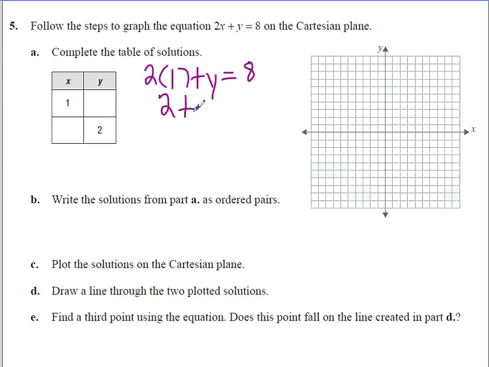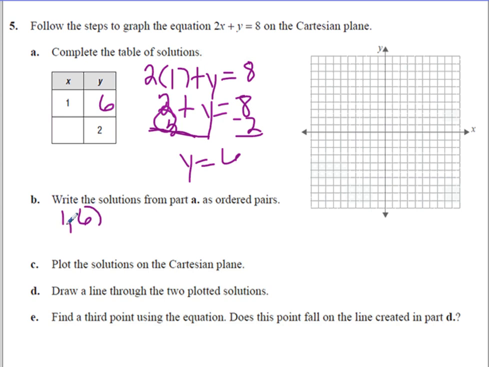So 2 plus y equals 8. We know it's 2 plus 6 to equal 8, but let's still show our math here, subtracting 2 from both sides. So as an ordered pair, that solution is 1, 6.